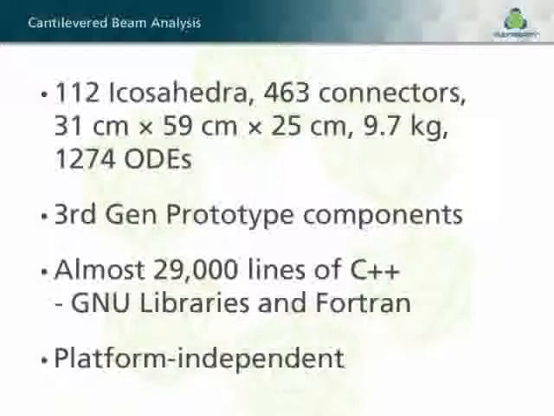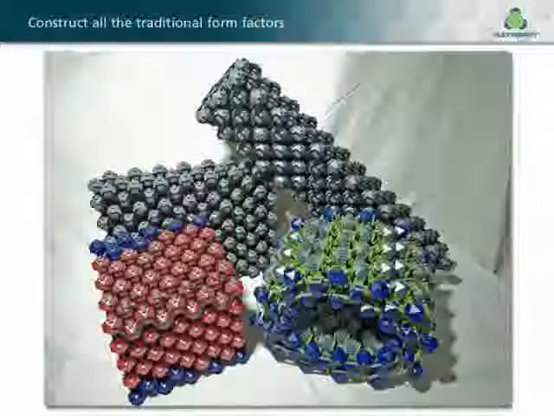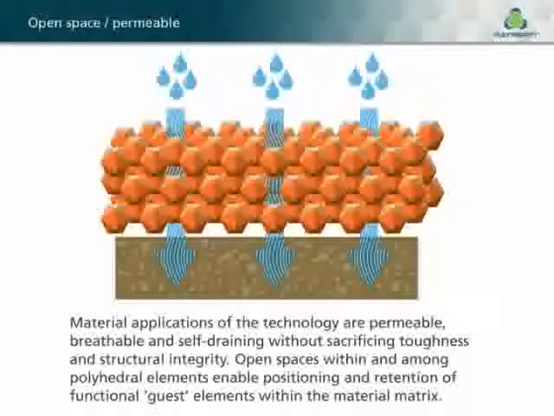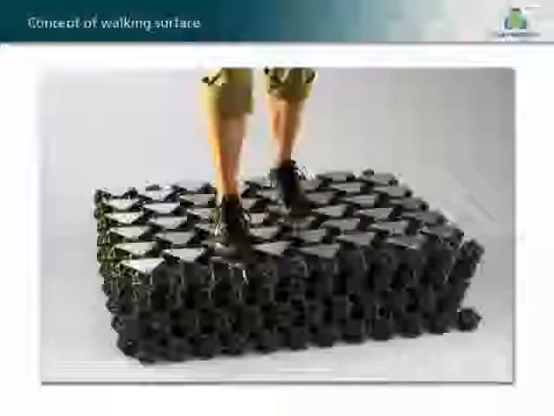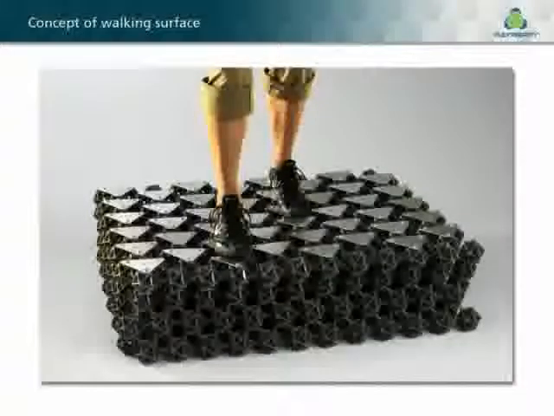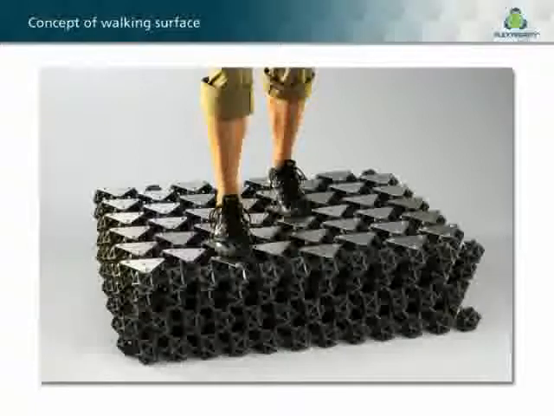So these are the traditional form factors, and these are some of the properties of the materials. We already talked about the permeability. We talked about a concept for a sidewalk. It's omni-extensible, right? It doesn't make any difference; you can build it in all directions.